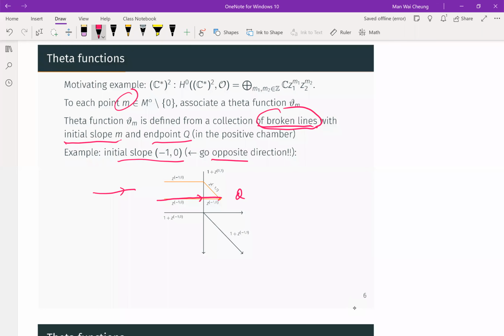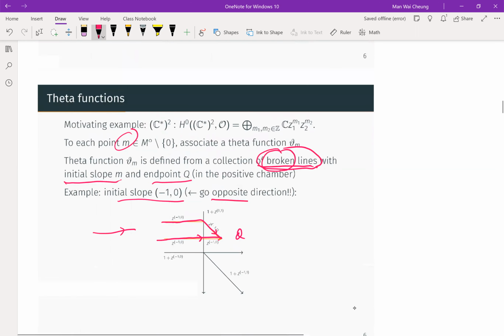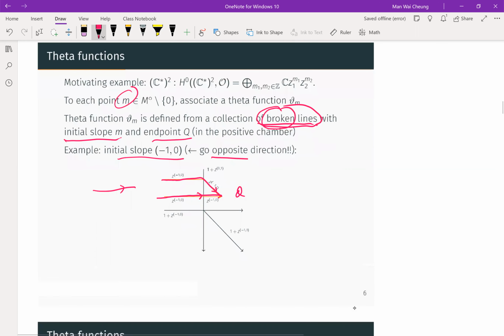And then the open line, as the name suggests, it breaks. It breaks over a wall. Similar to the definition of a wall, not only do we have the geometric object, we always have some monomial associated to each piecewise linear piece here.